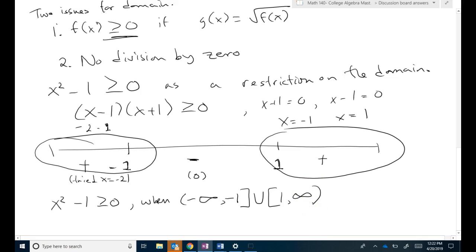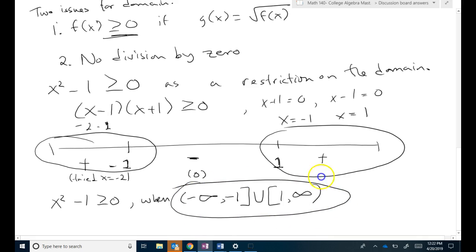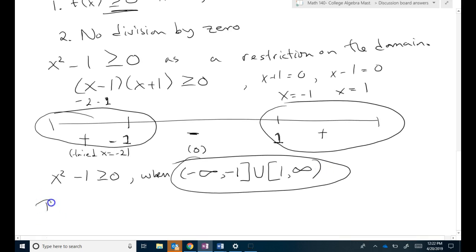And since there's no restrictions for g, this here is my domain. The domain of f of g of x is negative infinity to negative 1, union 1 to infinity.